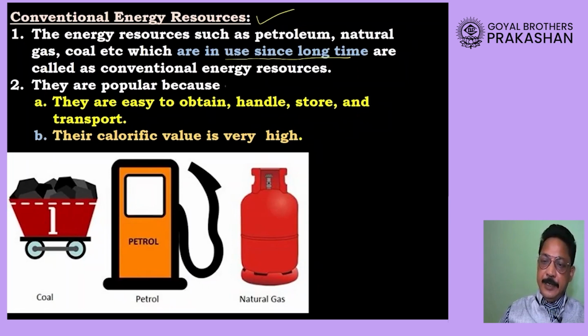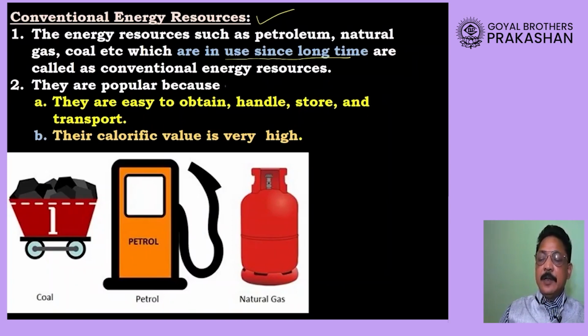I can very easily store it in my house. I can easily handle it. I can easily transport it. Therefore, we say it's easy to use. That means conventional energy resources are those energy resources which are easy to handle, easy to store, easy to transport, easy to obtain, and that's why we use them on a very large scale.